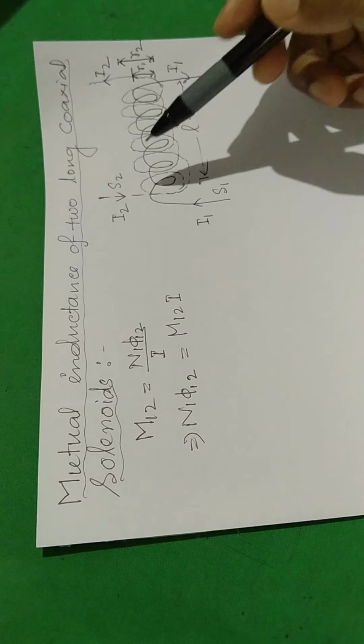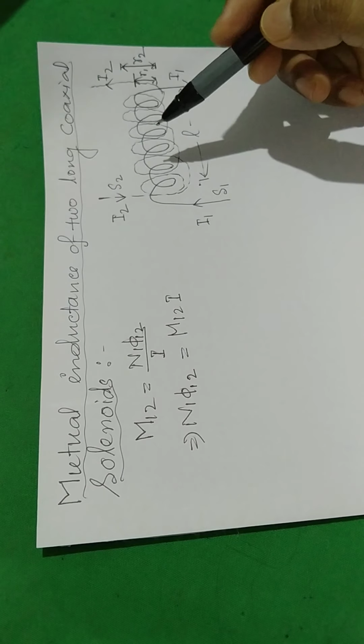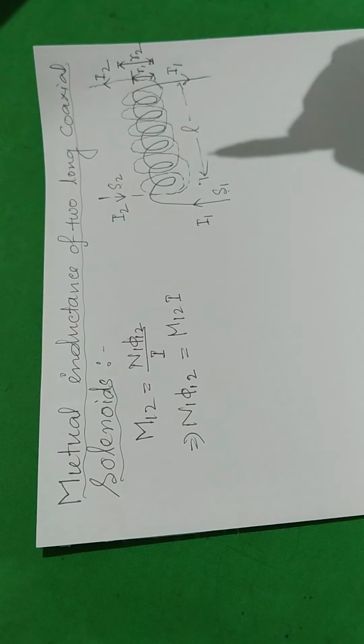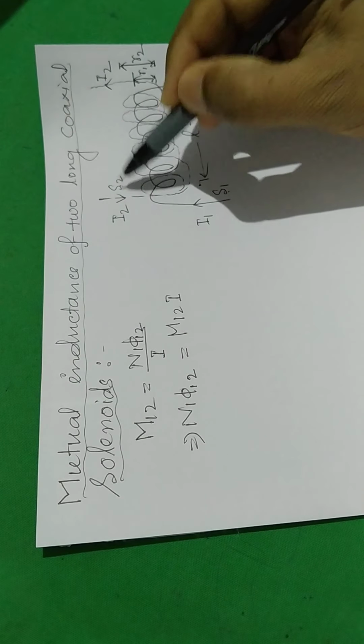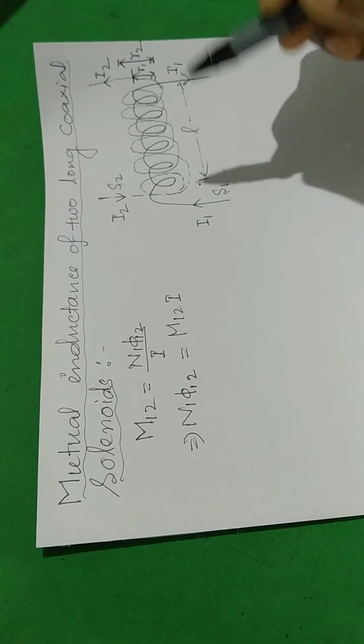Now you see the diagram. Consider two long solenoids S1 and S2 with S2 wound over S1.